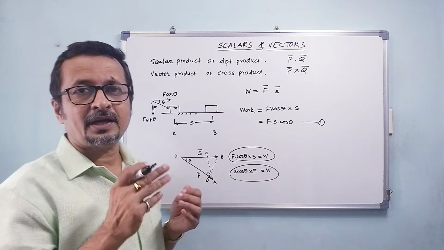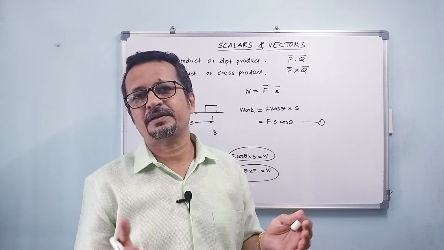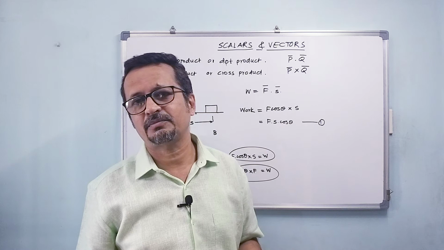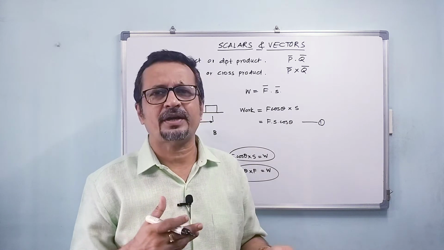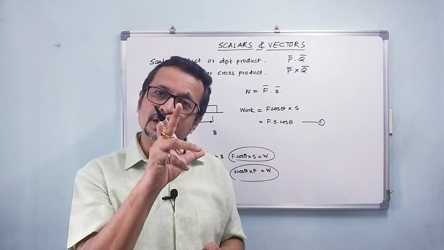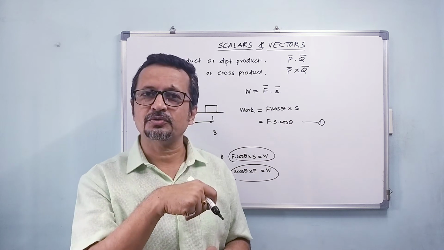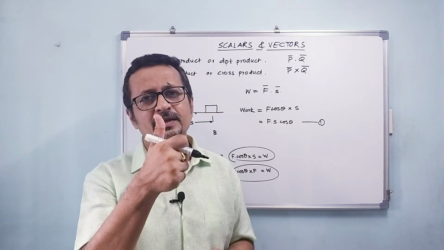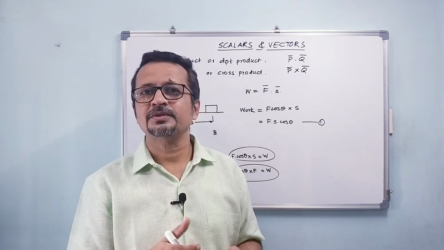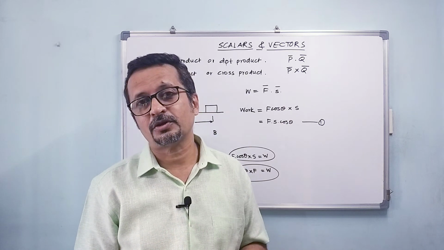Because theta is some fixed angle. It can be 30 degrees, 45 degrees, 60 degrees, 10 degrees or 5 degrees, anything. But the cosine of that angle is going to remain constant, correct? Again, the magnitudes of force and displacement are also going to remain constant.